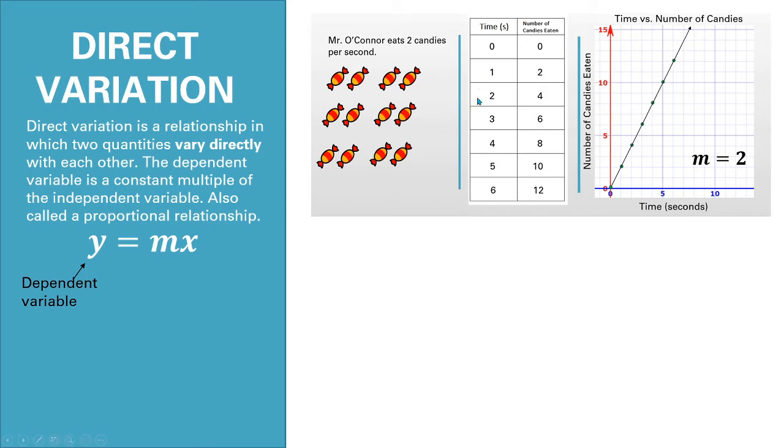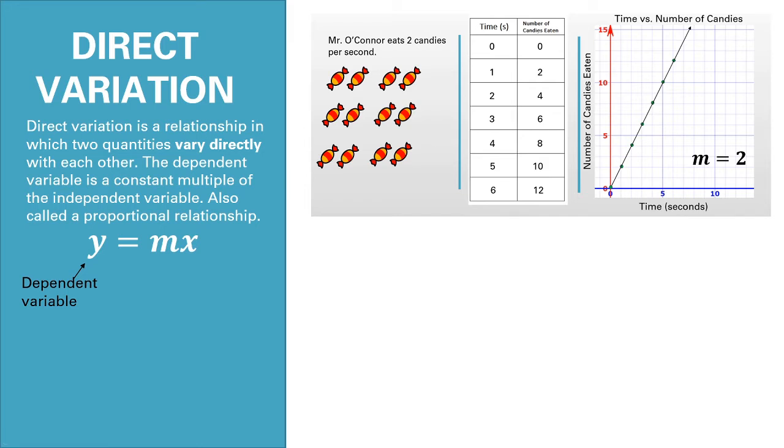So if you think of the scenario we did before, which of time and number of candies eaten would be the dependent variable, the variable whose quantity depends on the quantity of the other variable? Well, the dependent variable in this case would be the number of candies eaten, because how much candy Mr. O'Connor has eaten depends on the amount of time that has passed, and not the other way around. So that's the y part of y equals mx plus b.